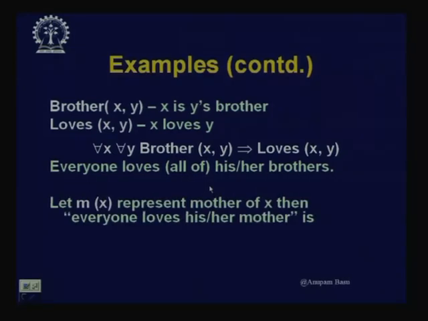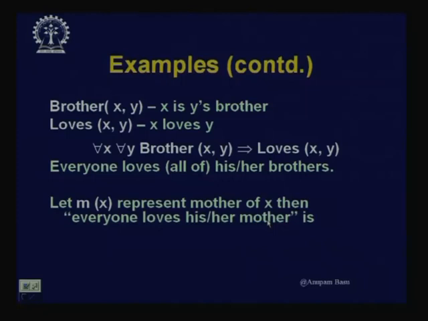Now, let m x represent mother of x. Then I want to express this English sentence, everyone loves his or her mother. How would I express it? You can think yourself.